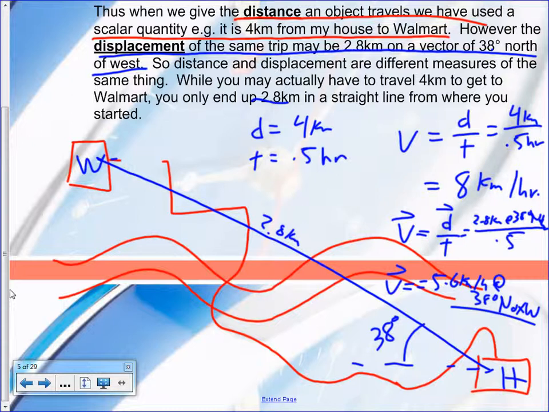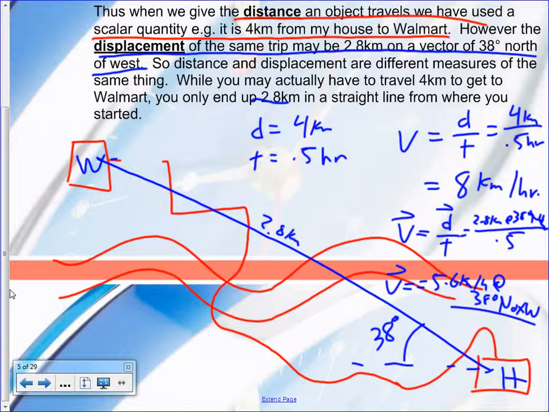Does it make sense that my displacement and my velocity should be in the same direction? Think about this. If you drive 100 kilometers per hour north for 2 hours, is it possible for you to end up east of where you started by doing that? That's why they should always have the same direction.